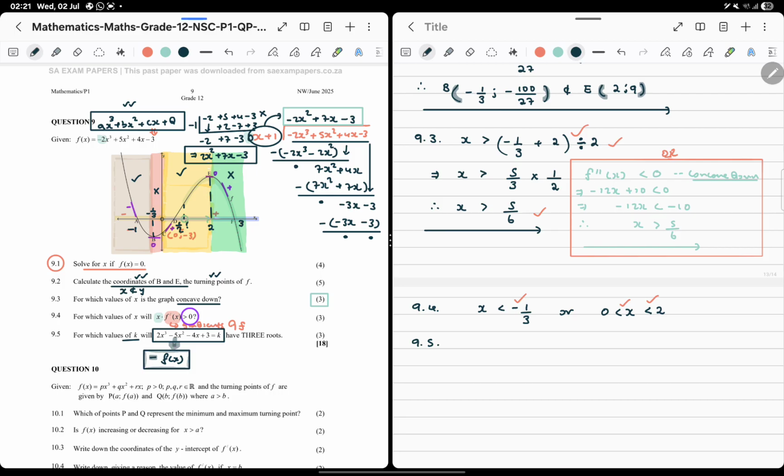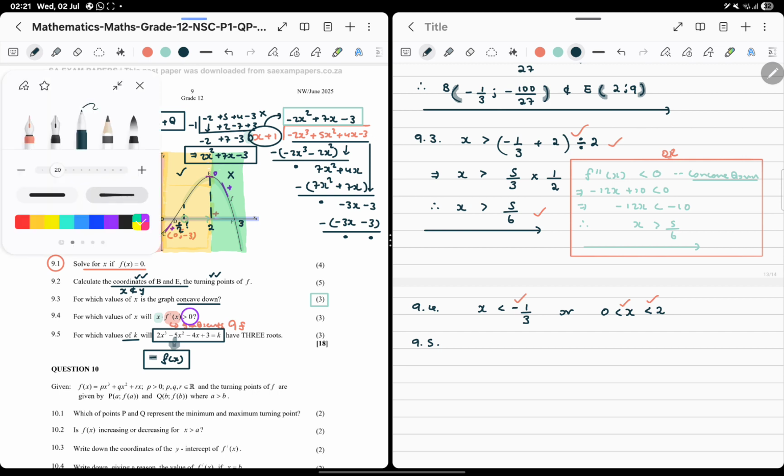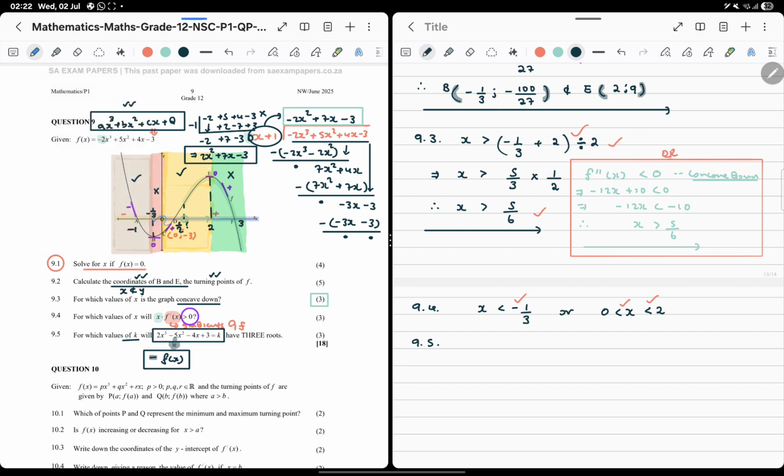See, this is a vertical reflection of our graph. So this is a vertically reflected graph of f, meaning x coordinates remain, but the y coordinates change. So let's do it. This goes somewhere up there.